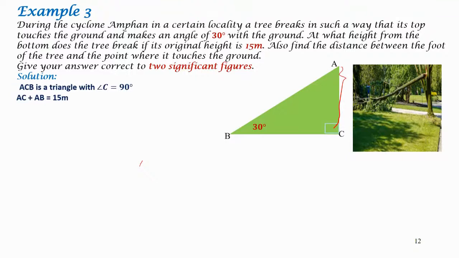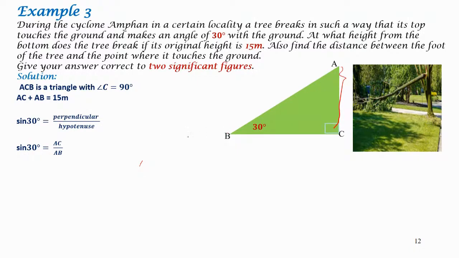Now, since we know the angle C is equal to 90 degrees, but here we don't know any of the sides, directly I cannot use my ratios. But I know that AC plus AB, because the total height of the tree is given to be 15 meters. So AC plus AB is equal to 15 meters. So therefore, let us write down the ratio. Sine 30 is perpendicular over hypotenuse, AC by AB.